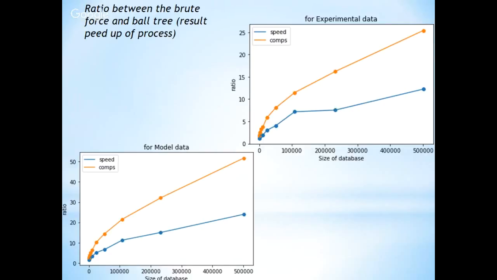We have a speed up by the number of operations equal to 50, and this means that my algorithm works 50 times faster than the old one. And the speed, I don't know why, is not so big, it's only 20 times bigger. It's real work on the real machine.